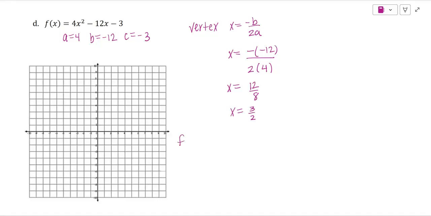And then we'll find the corresponding y-coordinate by plugging 3/2 into the original. Three halves squared is going to be 9 over 4.